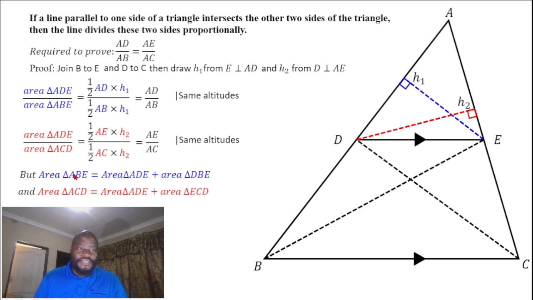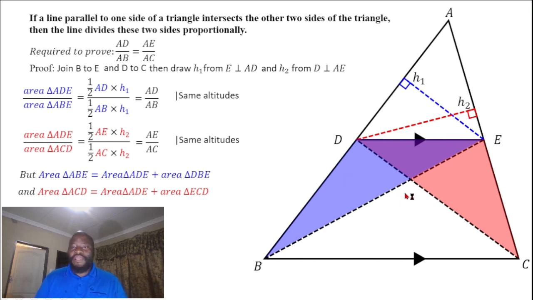So in order for these two to be equal, we must show that this right hand side is also equal. So far this is the same thing. We just need to prove that these two are equal as well. So we'll highlight the two triangles, and you'll see that these two triangles are within the same parallel lines, which means they'll have the same height if we choose DE as the base, and we choose DE as the base for both of them.